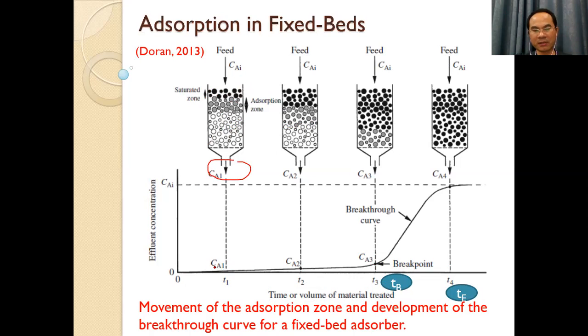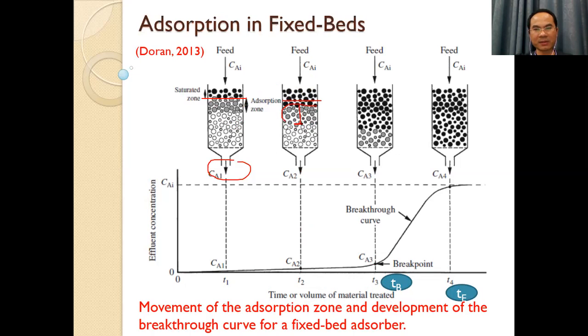For CA1 at T1, the concentration approaches zero, and then the feed continues to flow through the packed adsorbent. At this zone, the adsorbent is already saturated with adsorbate. That means for T2, this zone is saturated already, and the adsorption zone has moved downward.